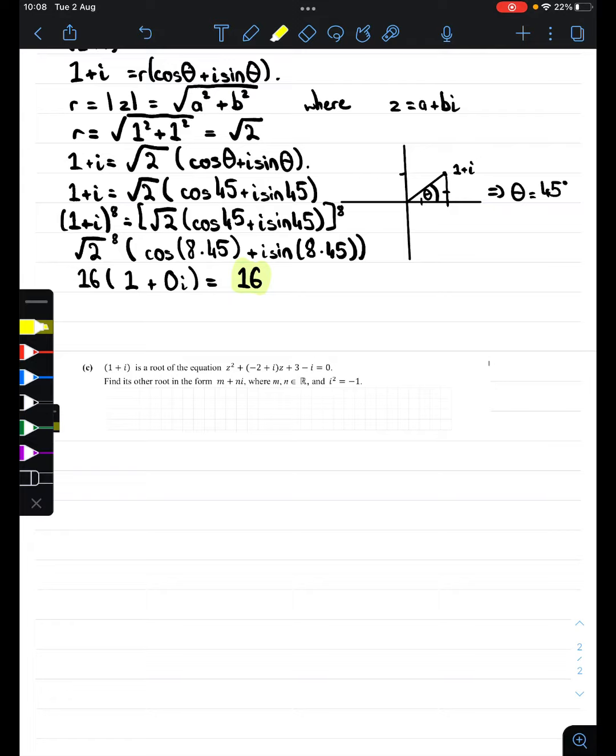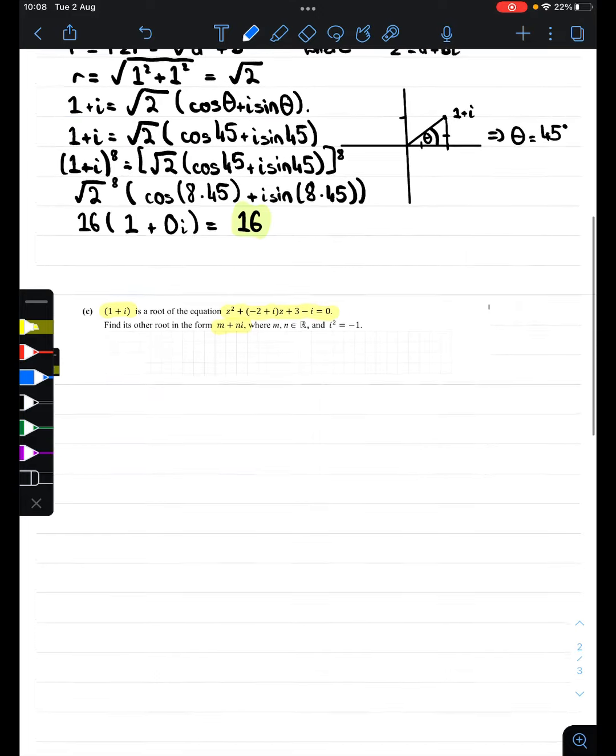Now on to part C. 1 plus i is a root of the equation z squared plus (minus 2 plus i) z plus 3 minus i equals 0. Find its other root in the form m plus ni, where m and n are real. Okay, now you might be thinking, well, why don't we just use the conjugate root theorem again?